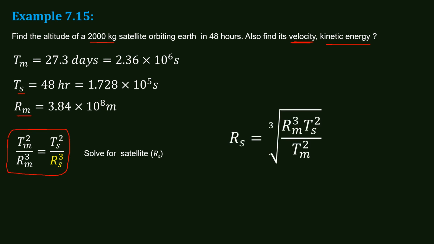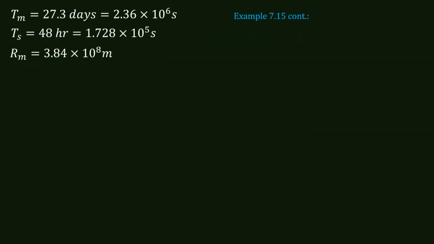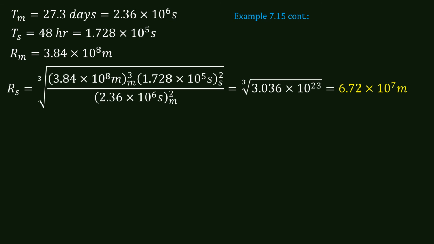Okay, so all we have to do now is solve for the cube root of R, which is this expression right here. Now we can plug in our values. We do the cube root on this, and we have an R of S equal to 6.72 times 10 to the 7 meters. This is the distance the satellite is from the center of the Earth.